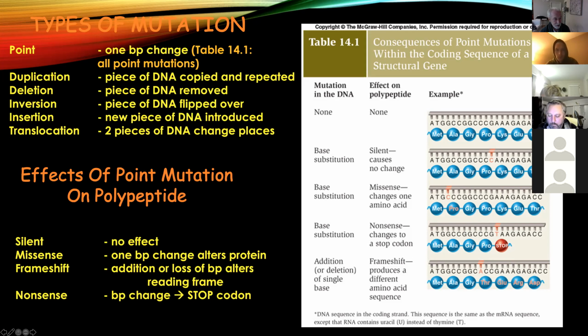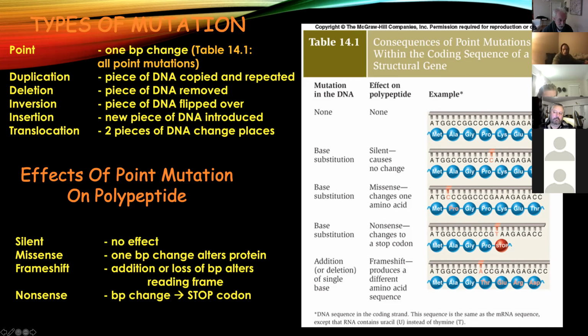An insertion is where a new piece of DNA is introduced into the sequence. And finally, a translocation is a bit more complicated, where two pieces of DNA exchange places. This is the most common type of translocation involving two pieces of DNA. However, some translocations involve just one, where one sequence jumps from one place in the genome to another without a reciprocal response.